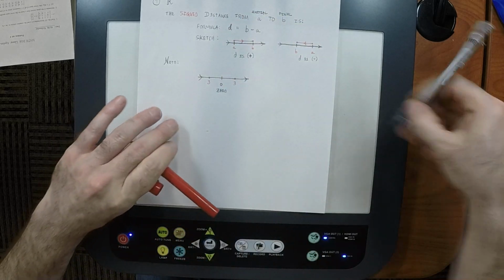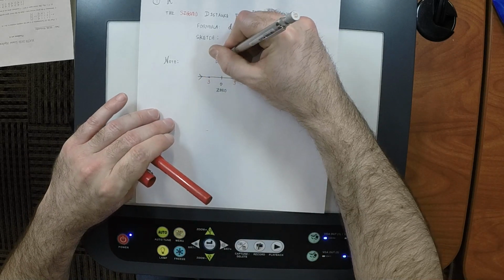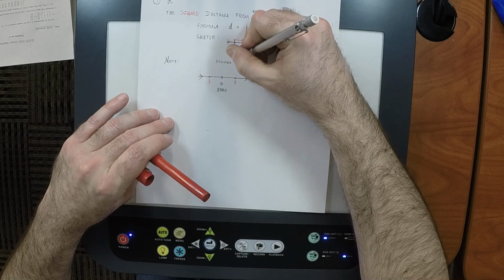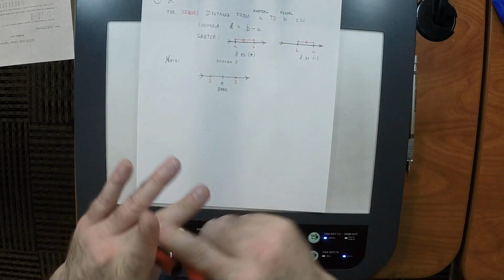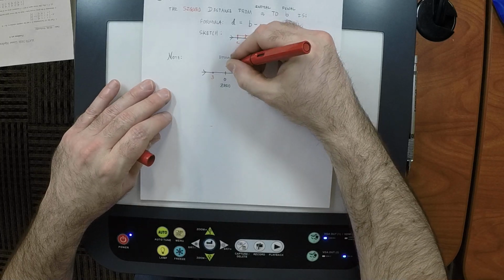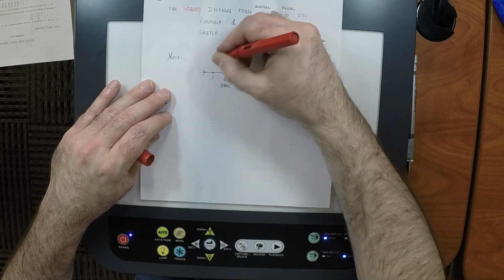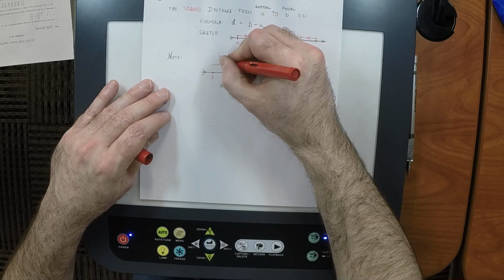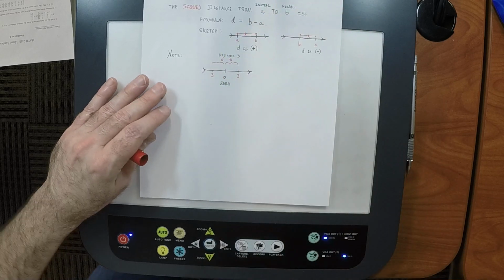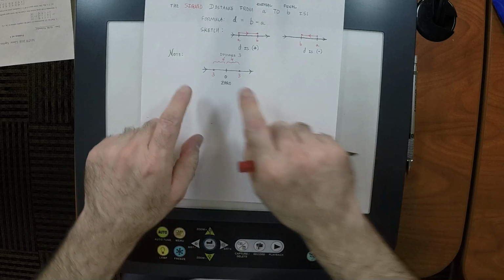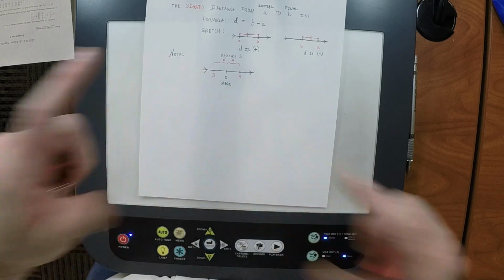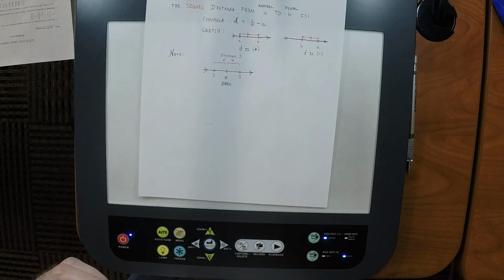That means that for both of those points, 3 is going to be part of their name, but they can't both be called 3 because they're not the same point.